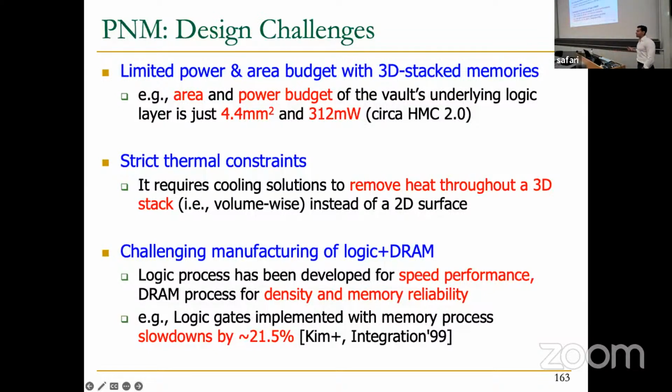Logic has been heavily optimized for speed, whereas DRAM has been heavily optimized for density. And if you try to implement logic using the DRAM manufacturing process, it's not that you cannot, but since the process was not designed for that, you are going to end up with logic that is slower than if you manufactured that same logic using the correct CMOS manufacturing process.